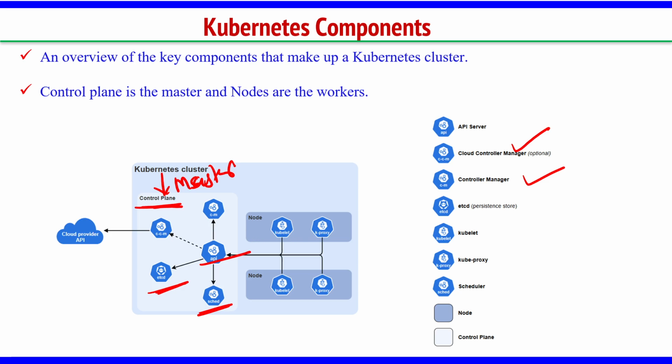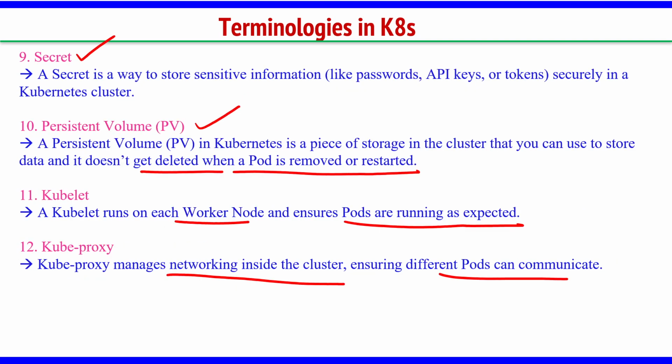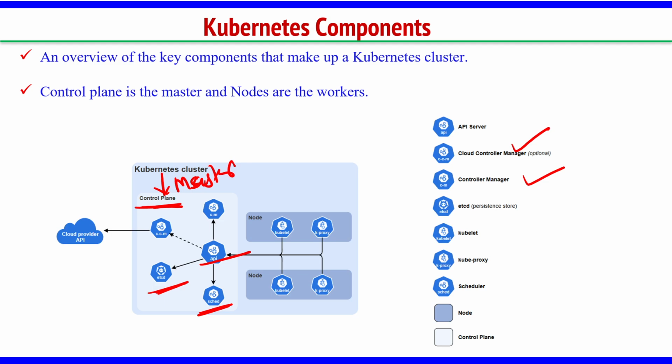So we talked about kubelet. If I just go back here, right? Kubelet runs on each worker node and ensures pods are running as expected. Okay, so inside this node I have lots of pods, P1, P2, P3 running. Whether these pods are working fine or not is taken care of by the kubelet.